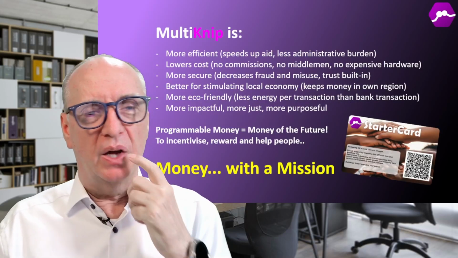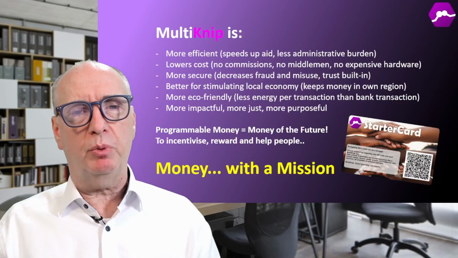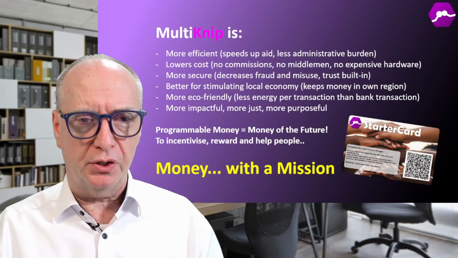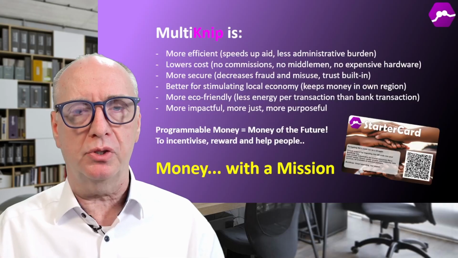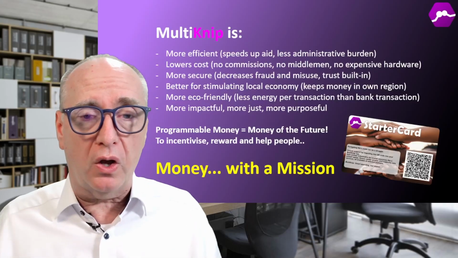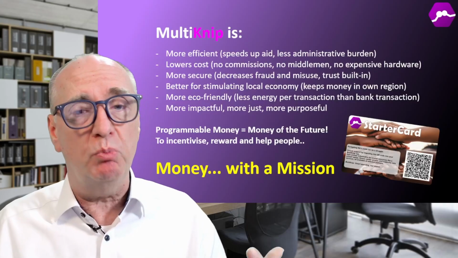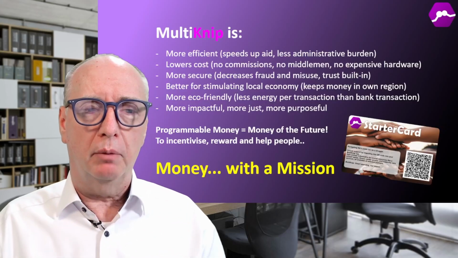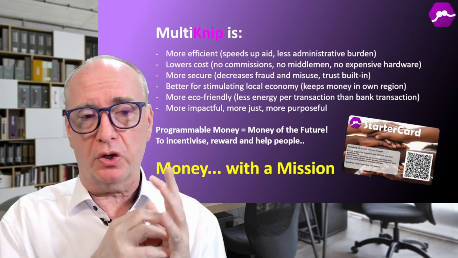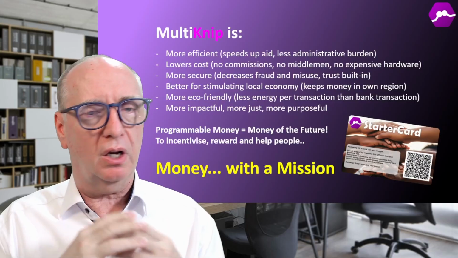Now, to conclude, MultiKnip is much more efficient than the old way. It speeds up aid, it lessens administrative burden, it lowers cost because there are no commissions, no middlemen, etc. It's more secure because these vouchers are electronic, you cannot forge them, you cannot copy them.